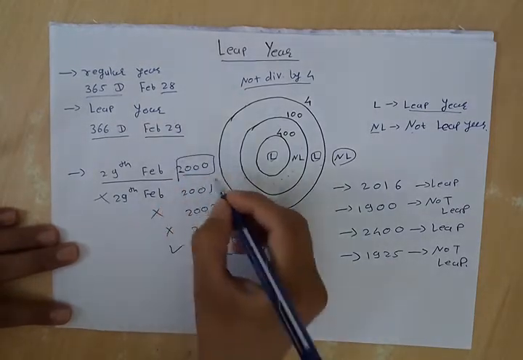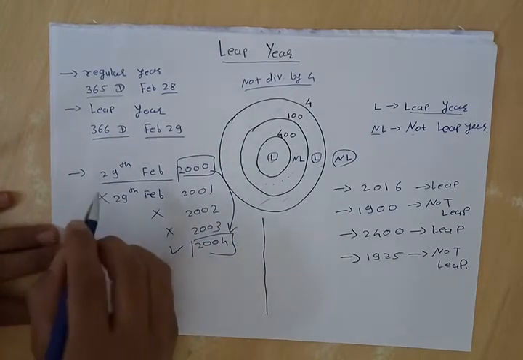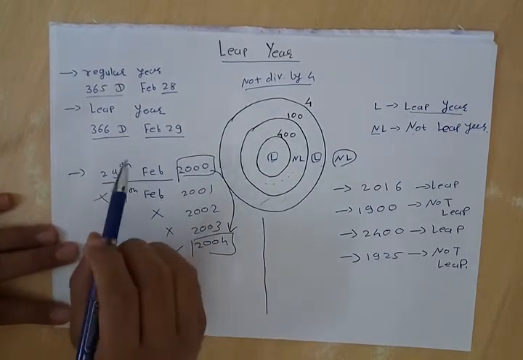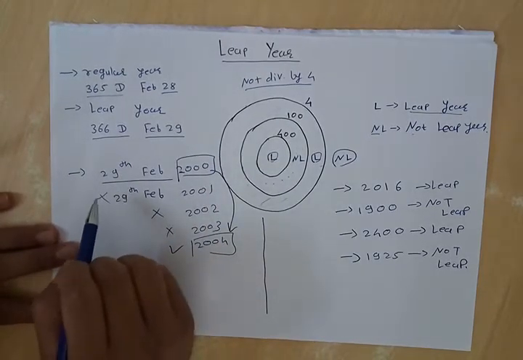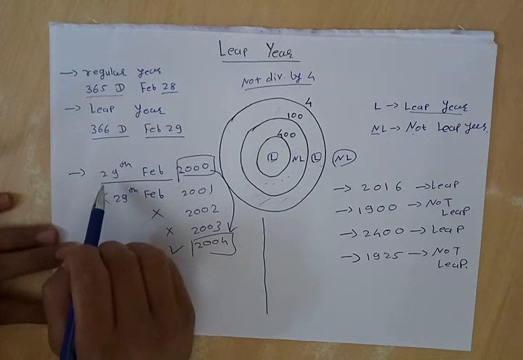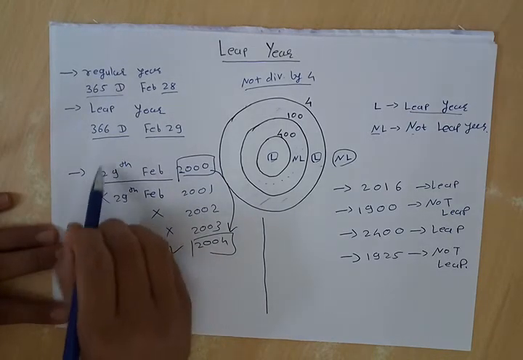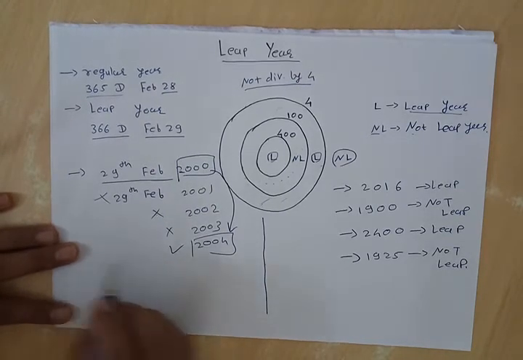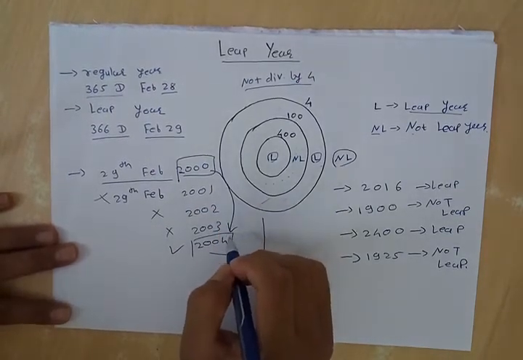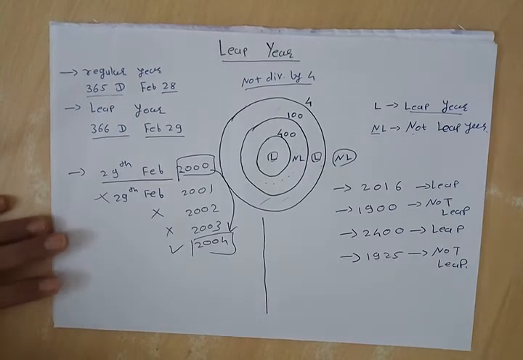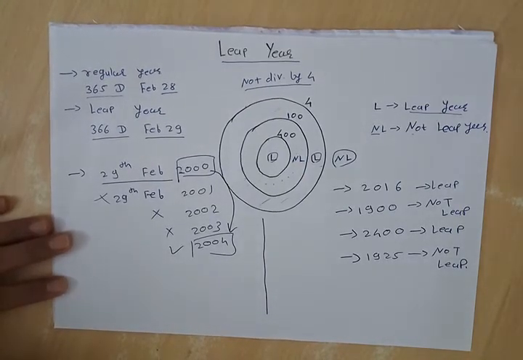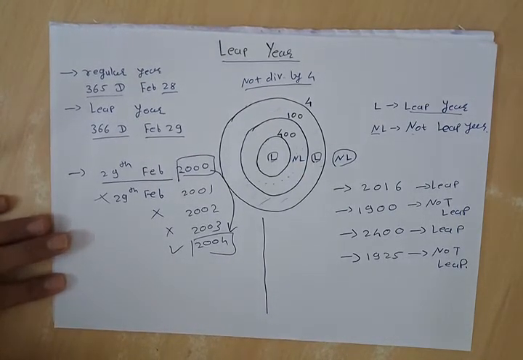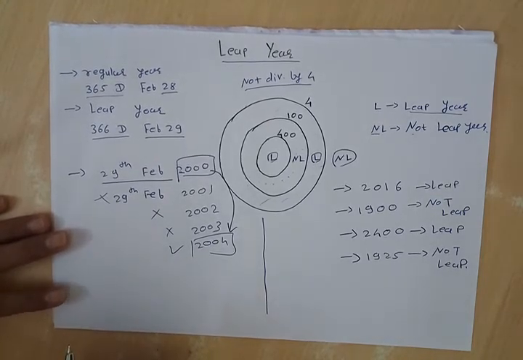So a person who was born on 29th February has a birthday that comes only every 4 years. So I would say that this person is very unlucky.